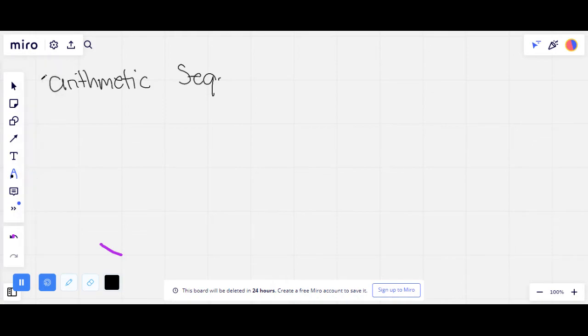So, for another example, we have here 5, 12, 19, 27, and 34. Now, to determine if this is arithmetic or not, we're going to find the common difference also.